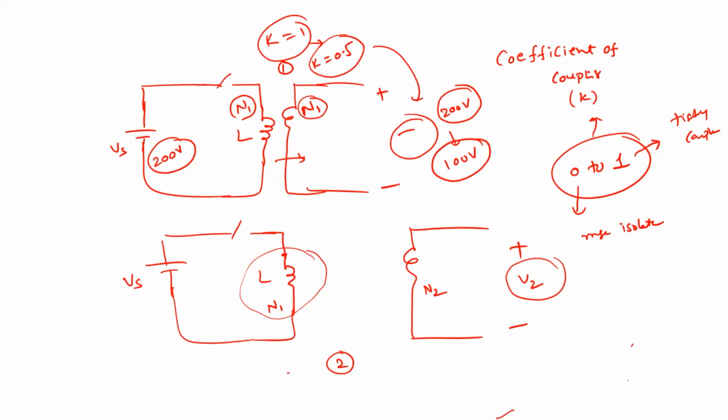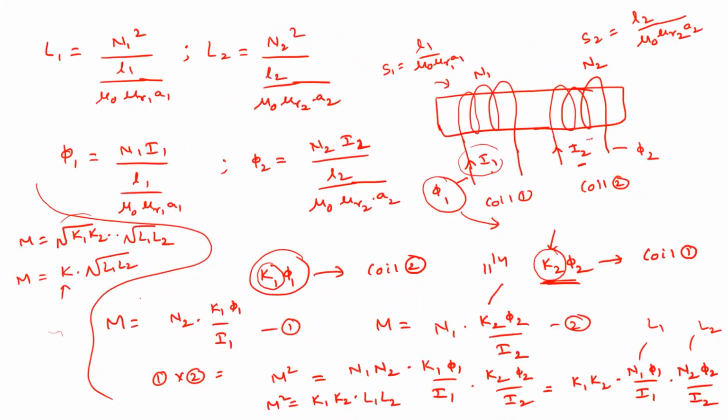So that is the significance of this K. Got it? So this is how we define the coefficient of coupling. K equals M by square root of L1 L2.